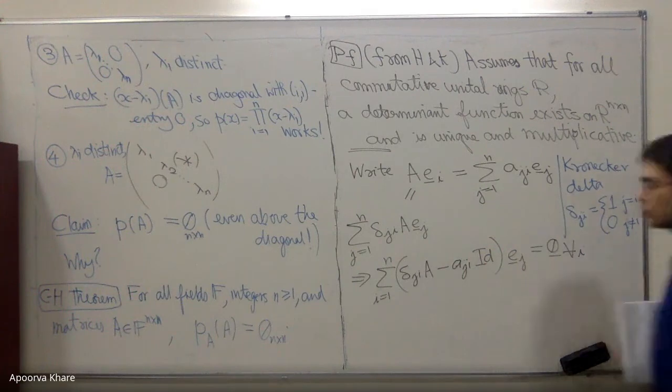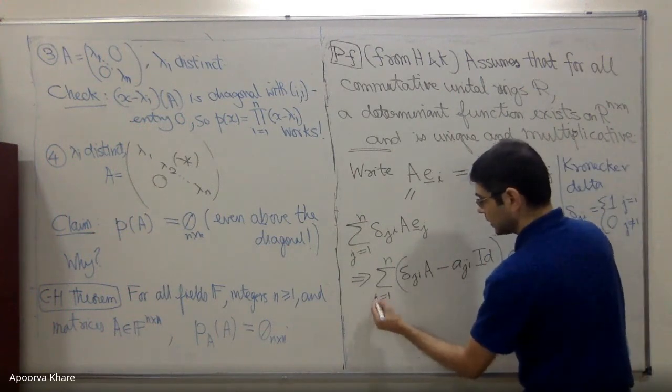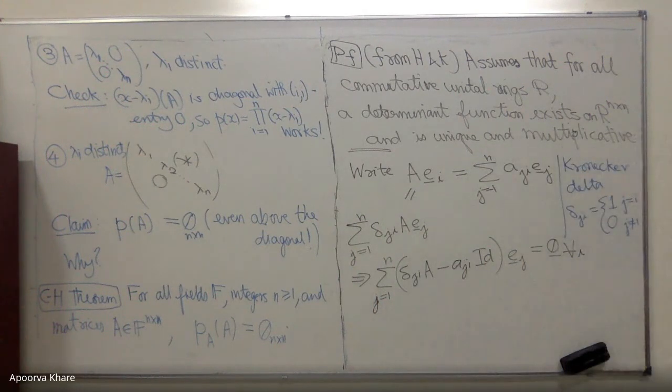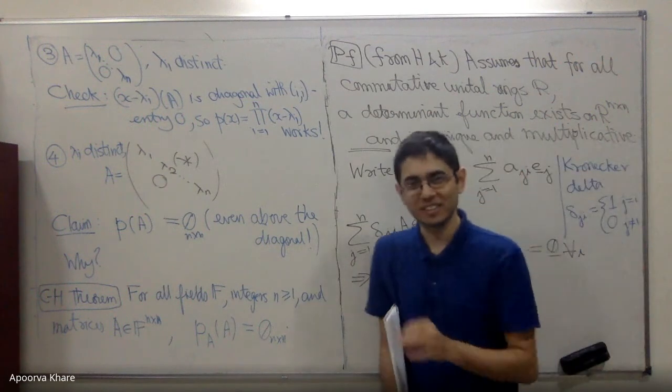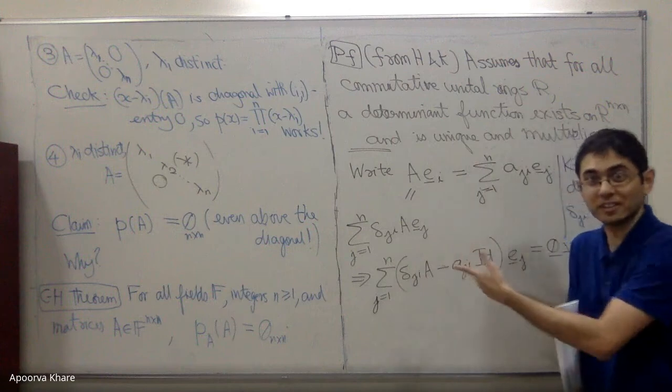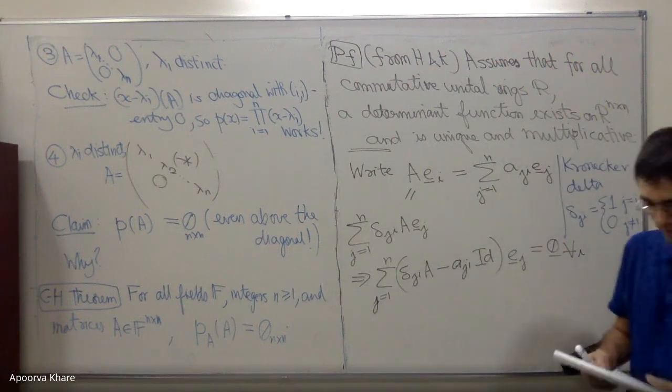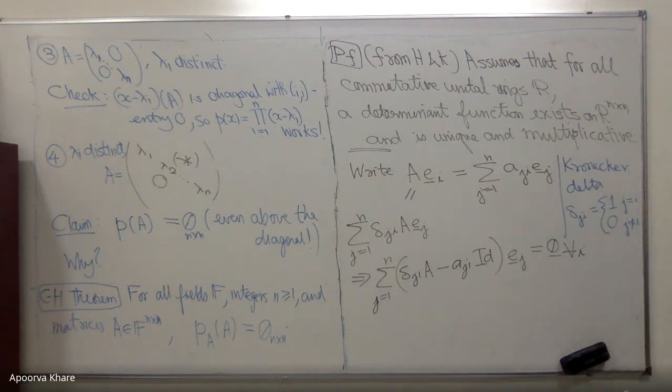This should be summation over j obviously. Okay, so I have a system of equations. The question is really, where are these systems of equations? This is like a linear system of equations, but where are they landing? And that is the tricky part.